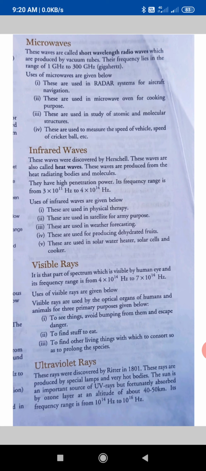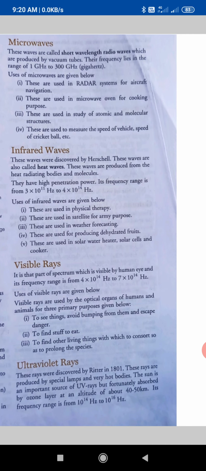Visible rays are used by the optical organs of humans and animals for three primary purposes: to see things, avoid bumping into them and escape danger. Second, to find stuff to eat, and to find other living things with which to consult so as to prolong the species.